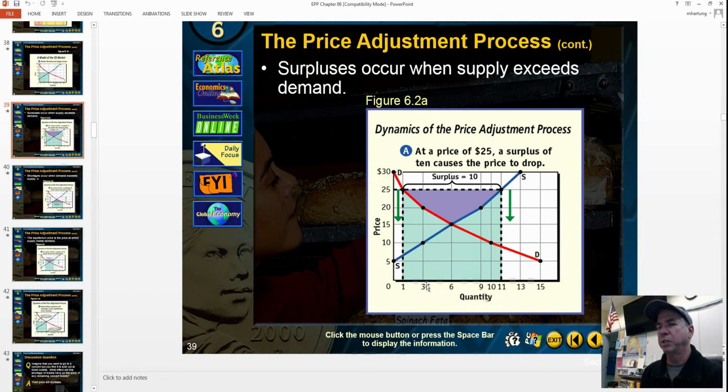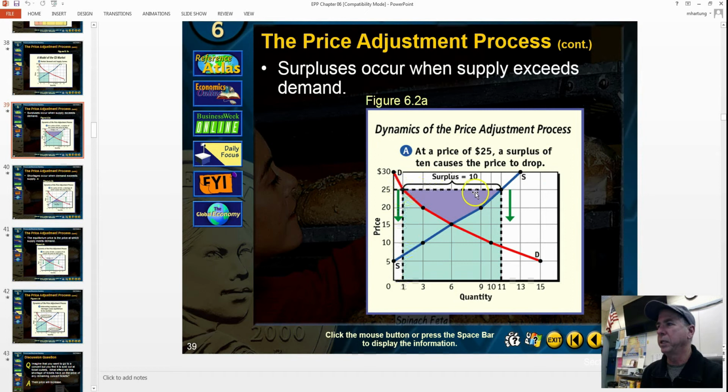In this particular situation demonstrating a surplus, we're showing the price at $25 and what occurs at that price. At a price of $25, the supply is pretty high at 11. But the demand at that high price, remembering the law of demand, higher prices, lower demand, is low here at 1.